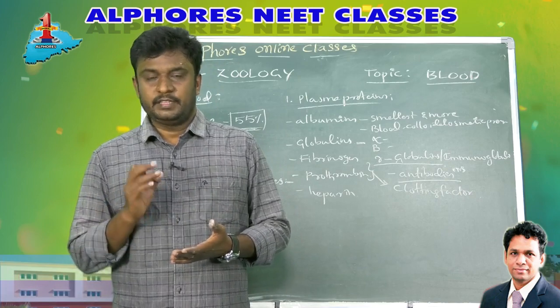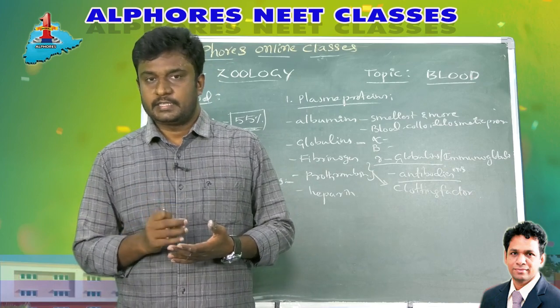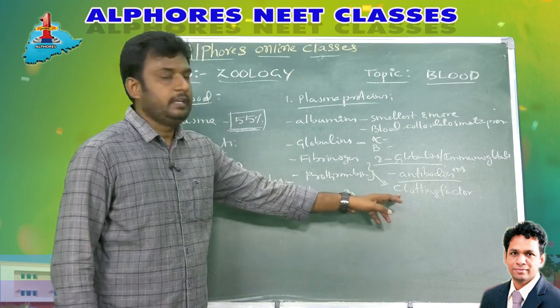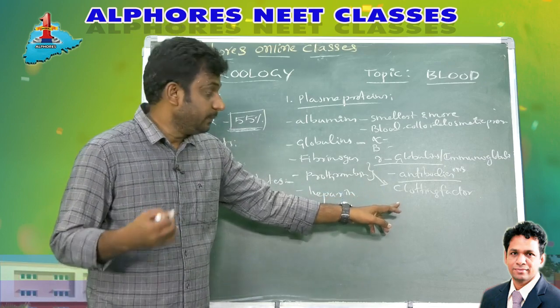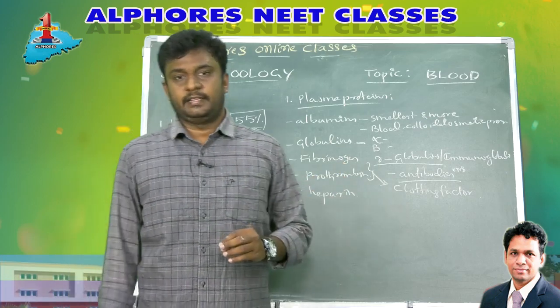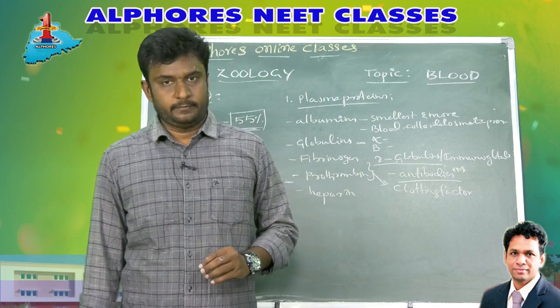At that time, within 3 to 5 minutes, the blood clots and prevents the flowing of blood. That is prevented by the clotting of blood by these clotting factors, fibrinogen and prothrombin.